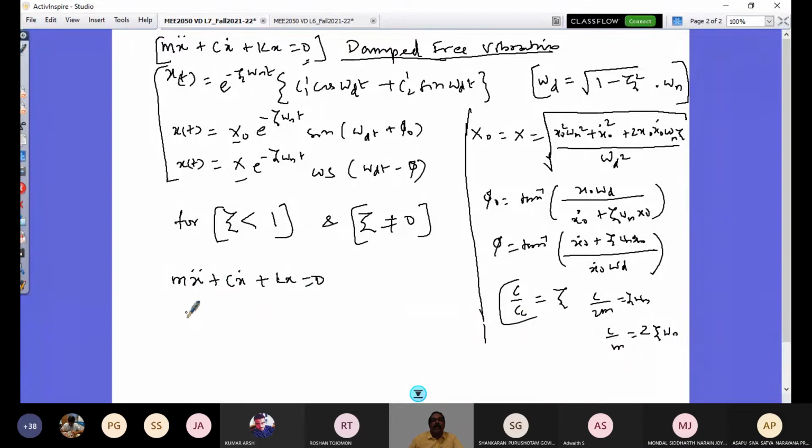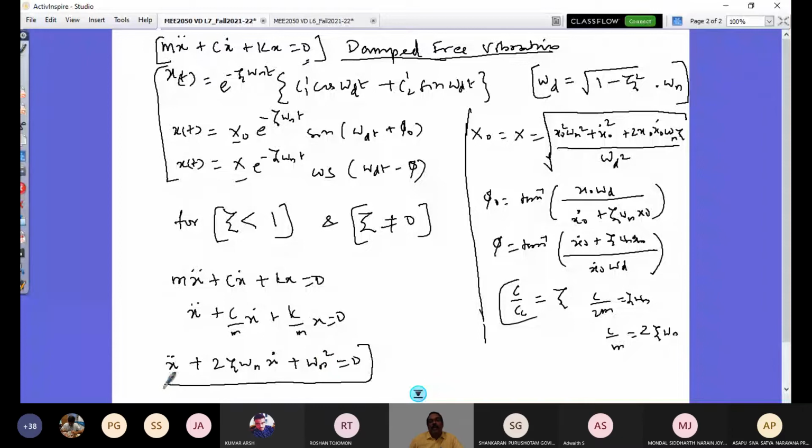If I divide this all by m, it is x double dot plus c by m x dot plus k by m x is equal to 0. And I can rewrite this equation as x double dot plus 2 zeta omega n x dot, since c by m is 2 zeta omega n, plus omega n square x, since k by m is omega n square, equals 0. So I can also write my governing equation in terms of zeta and omega n. So this is my governing equation.